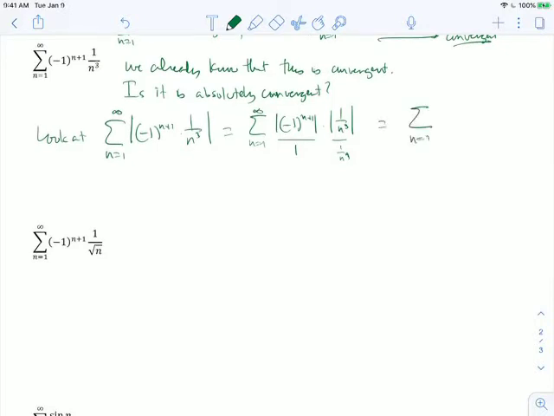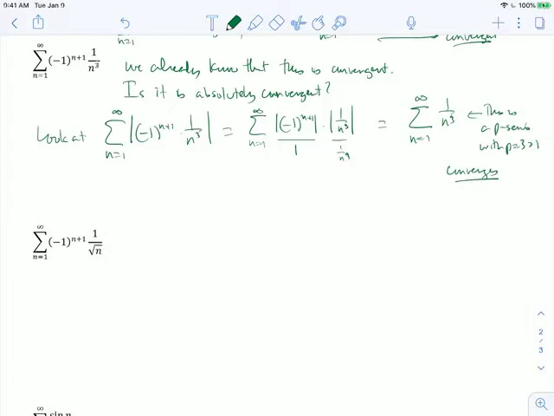And so what I wind up getting is the summation n equals 1 to infinity of 1 over n cubed. Well, we know a little bit about that. This is a p-series with p equal to 3, which is definitely bigger than 1. So this converges.